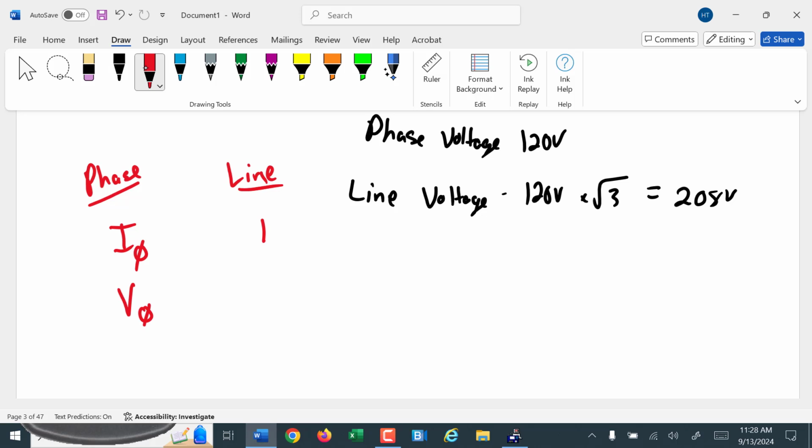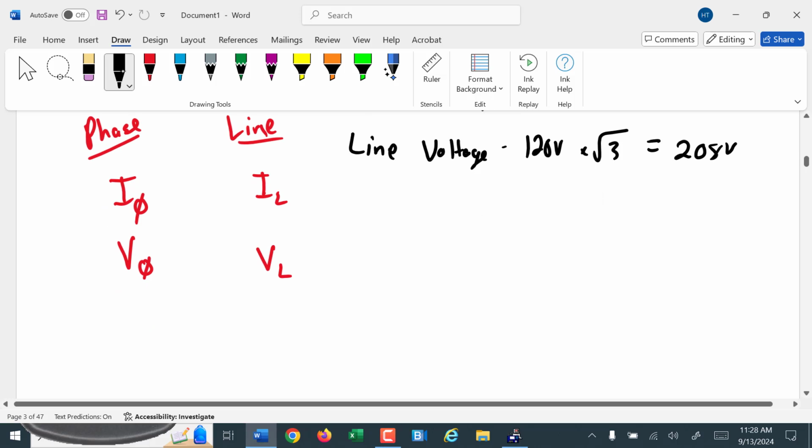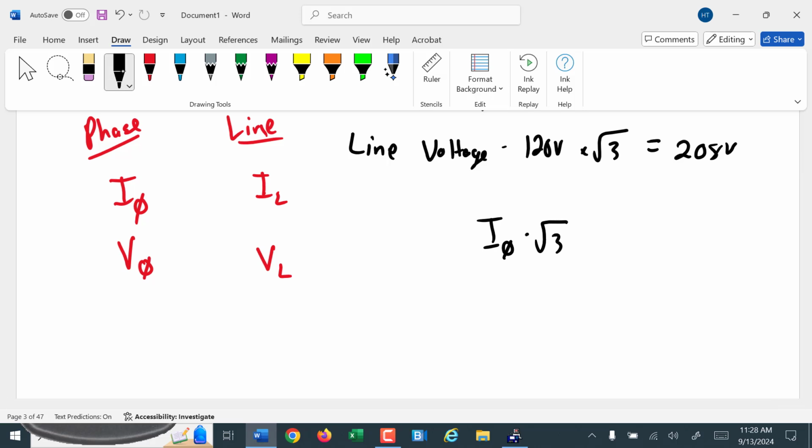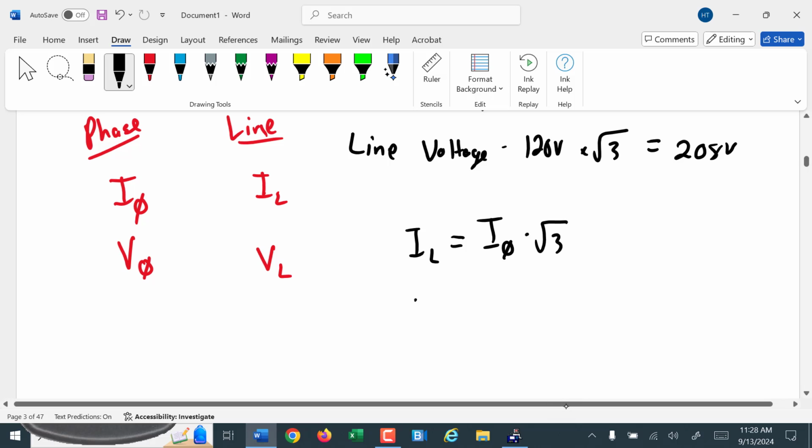The line current then is I with a little L. The line voltage is V with a little L. Conversion between them, if you know the phase current, you multiply by the square root of 3 to get the line current. Makes sense. The voltage increases by the square root of 3, the current's going to increase because the resistance will stay the same. If you want to find the phase current, and you know the line current, you divide by the square root of 3.